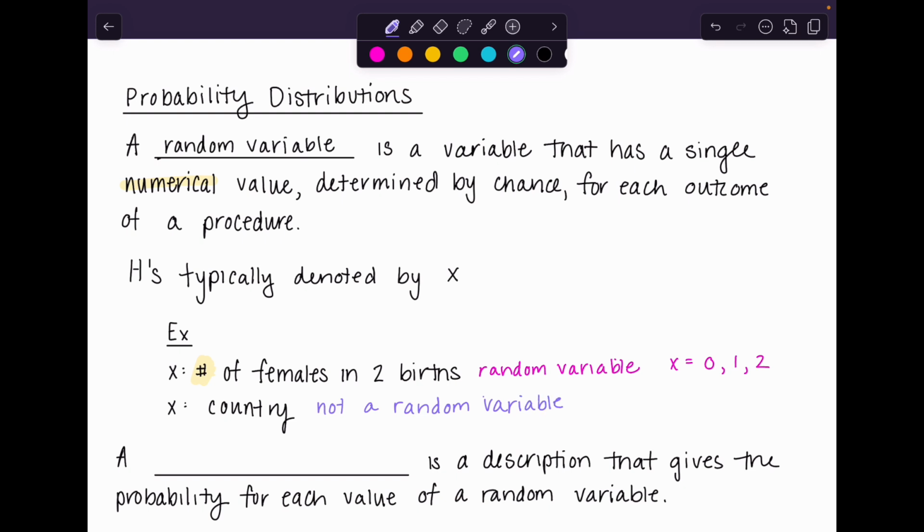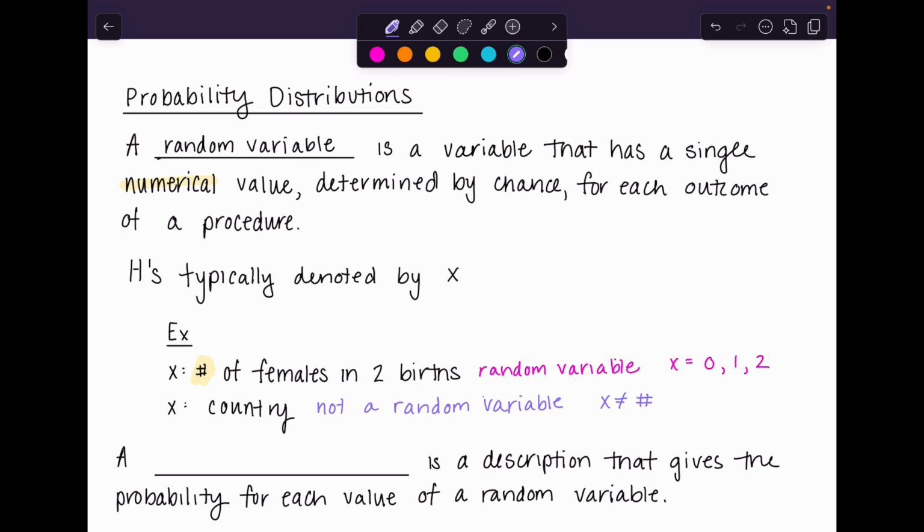So if you think about the values X takes on, it would be something like the United States, Spain, England, things of that nature. In that case, X is not a number, okay? And I need it to have a numerical value, okay?